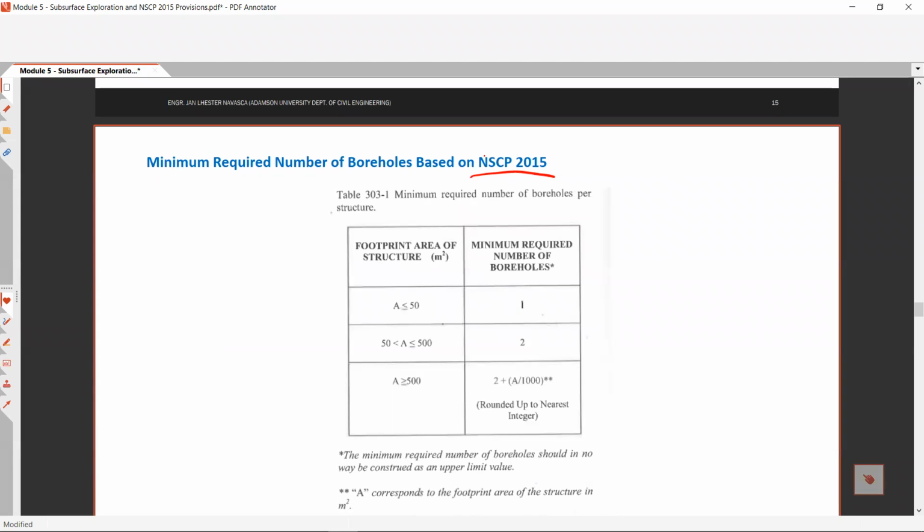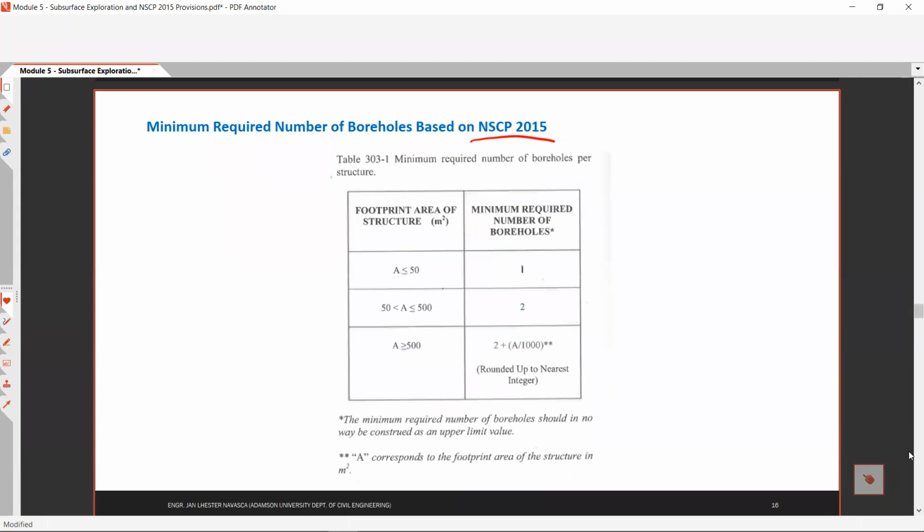Okay, so what is the minimum required number of boreholes? If you check your Table 303-1, the minimum required number of boreholes per structure. The structural engineer sometimes gives the number of boreholes. Bakit si structural engineer yung magbibigay ng number of boreholes, hindi si geotechnical engineer? Pwede rin naman si geotechnical engineer magbigay, pero bakit dito lagi nauuna sa structural engineer?